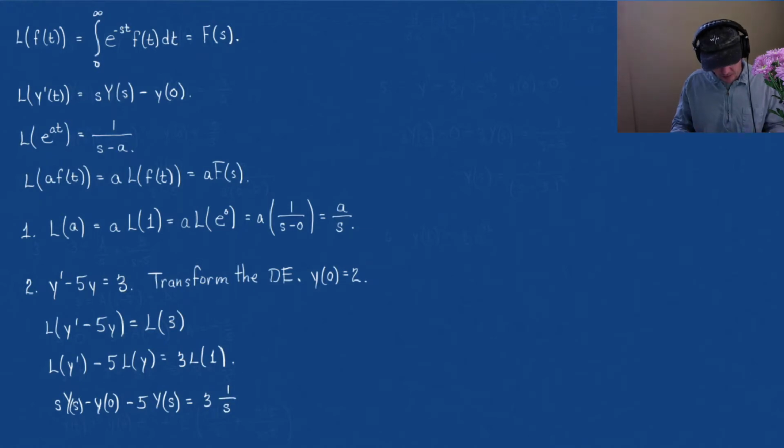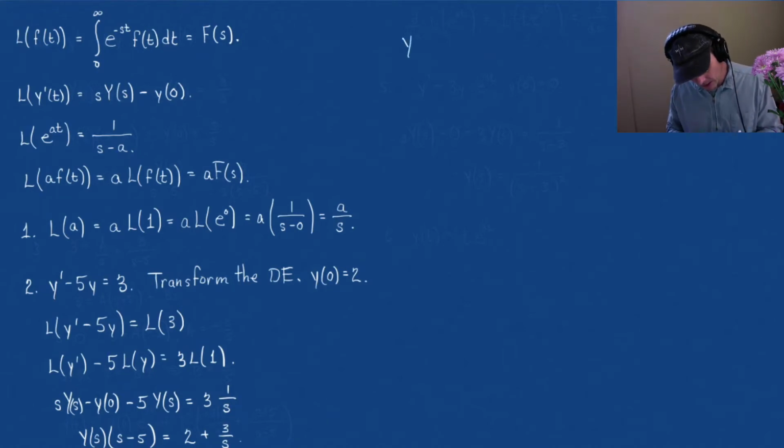I'm going to move the y of 0 to the right-hand side and factor y of s. So I have y of s times s minus 5 equals the y of 0, which is 2, plus 3 over s. My last step, just to find the transformation, would be to divide.